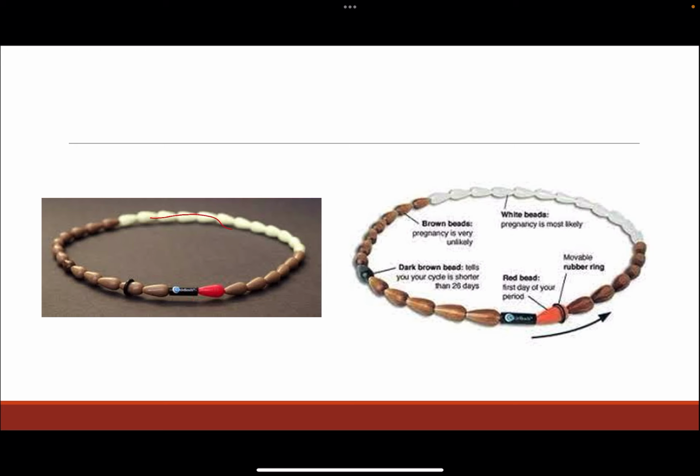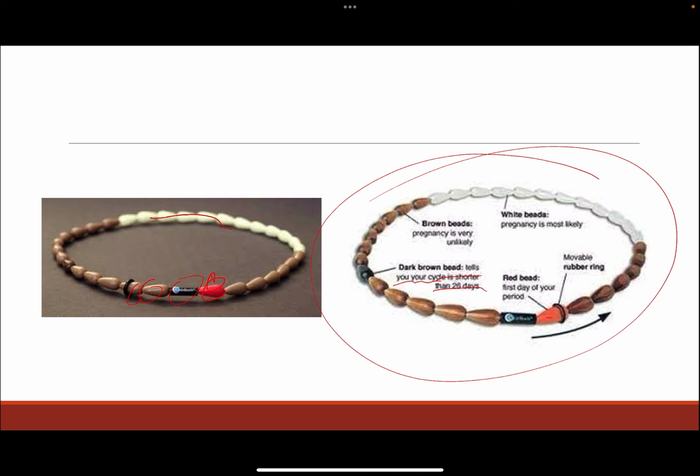The red bead is the first day of your period, and then the next days follow. The dark brown bead means your cycle is shorter than 26 days. And the brown beads mean pregnancy is very unlikely. So this is like some kind of calendar method.